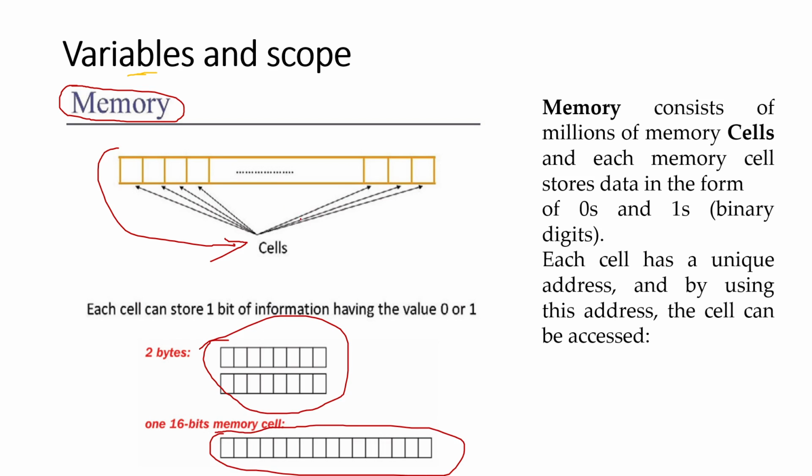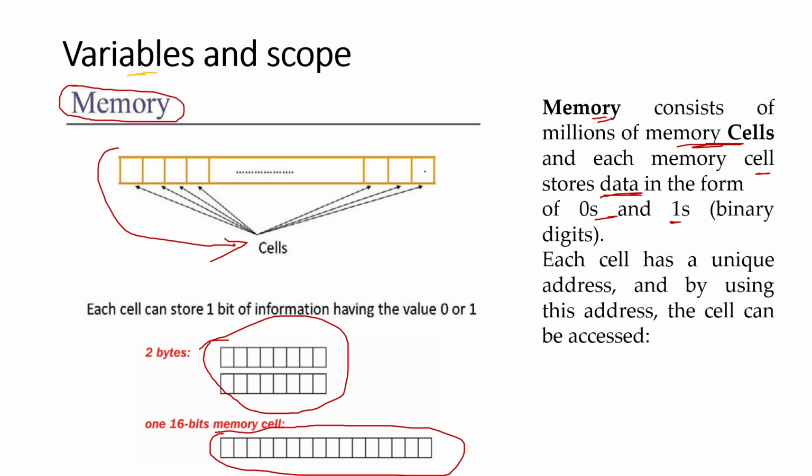And according to the author, memory can be defined as a block of memory cells, right? And each memory cell will store the data in the form of zeros and ones.